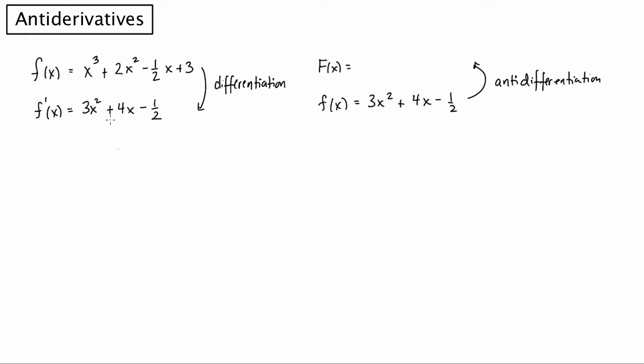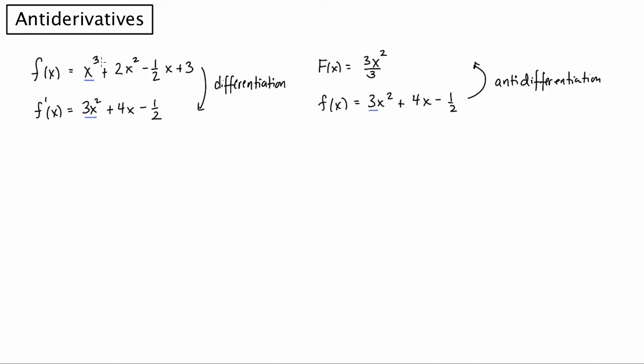So I think of it this way. In order to go from x cubed to 3x squared, I had to multiply by 3, and I had to subtract 1 from the power. So to reverse that, if I multiplied by 3 previously, then I should take this function and divide by 3.